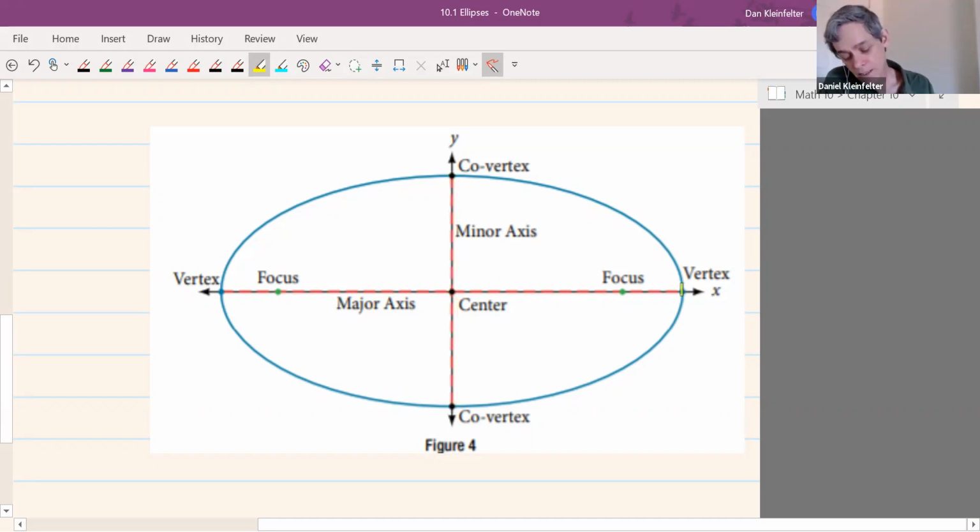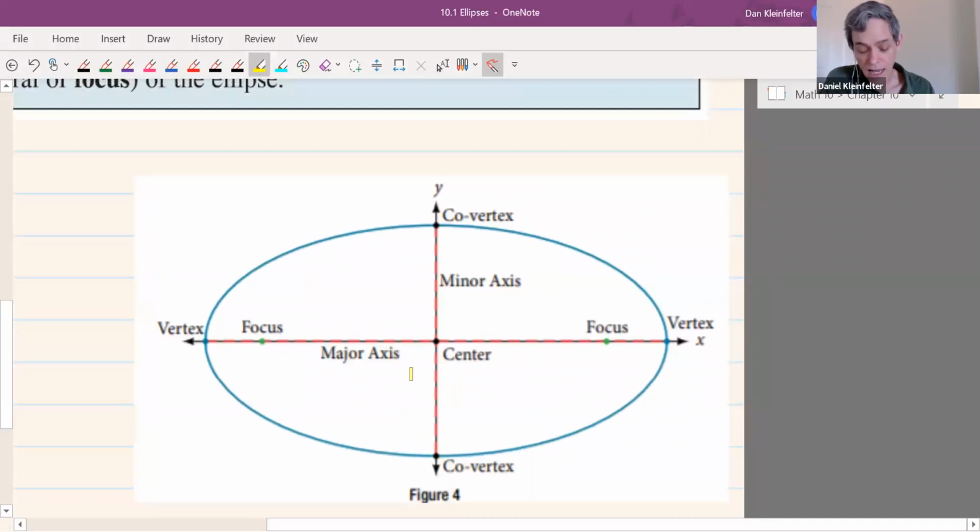The endpoints for the major axis are each a vertex. So there are 2 vertices, that's the plural of vertex. There are 2 vertices for an ellipse, and those are the endpoints of the major axis. Okay, the endpoints of the minor axis are called co-vertices.